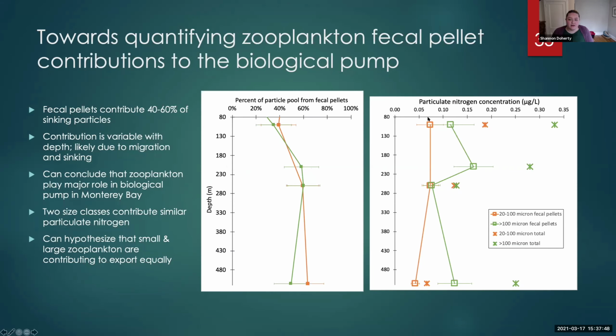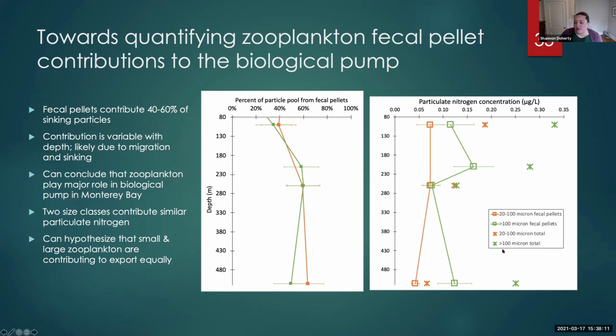Now, to add to that, I apply this estimate of the proportion of fecal pellets represented in particles to the nitrogen concentration of these particles. So these open boxes are the total nitrogen concentration that fecal pellets are responsible for.